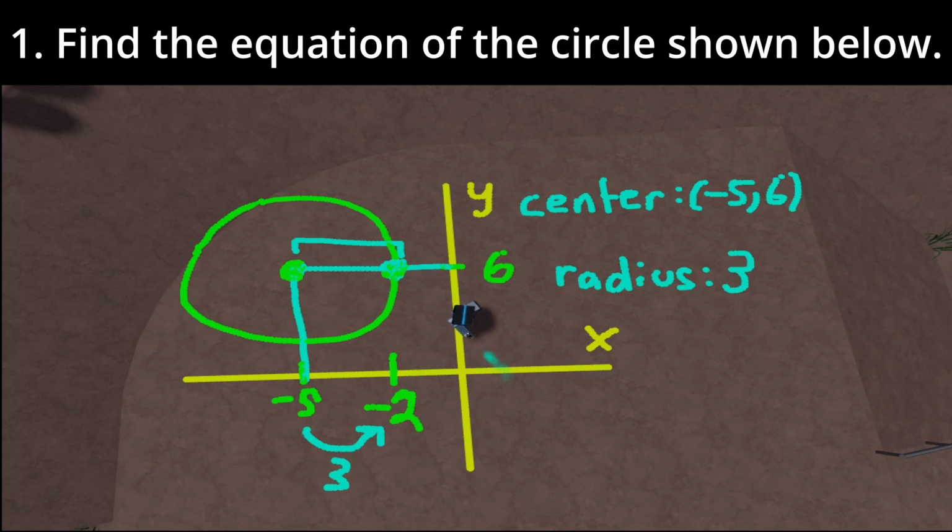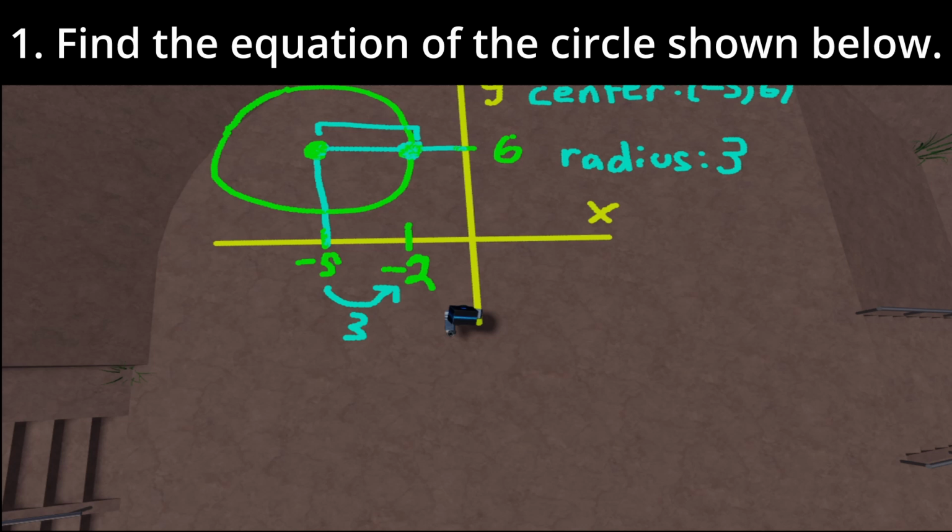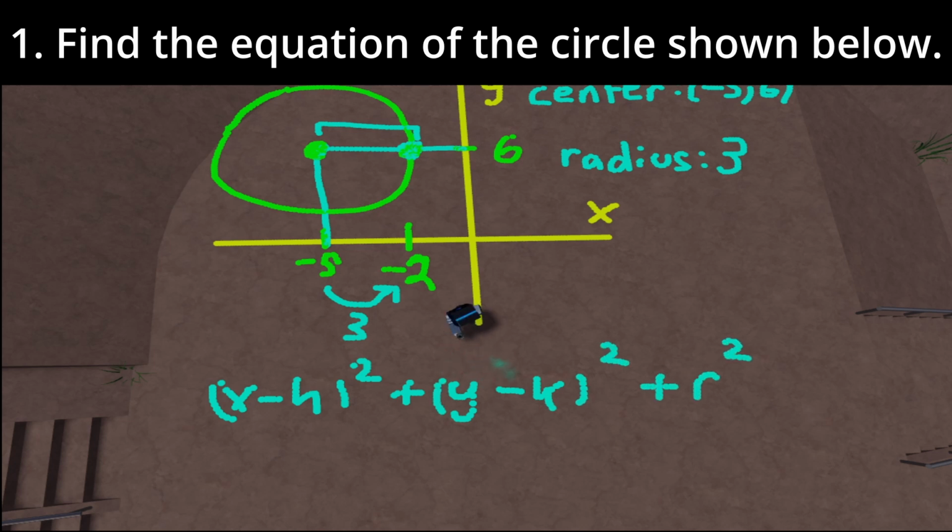So now let's use that to write the equation of the circle. Remember, the equation of a circle is just (x minus h) squared plus (y minus k) squared, equals r squared. And we know our center is minus 5 comma 6.